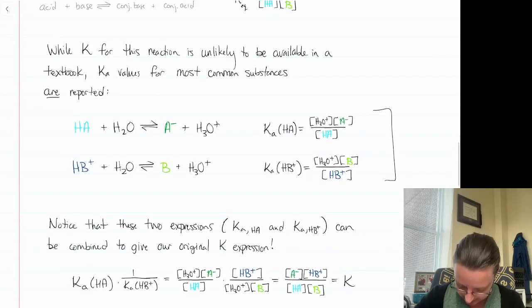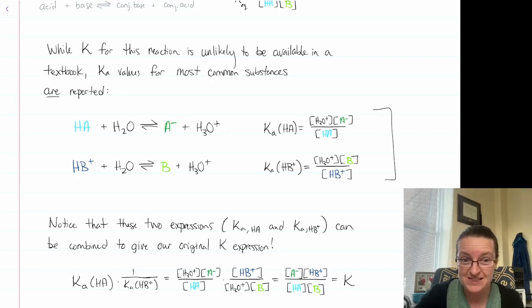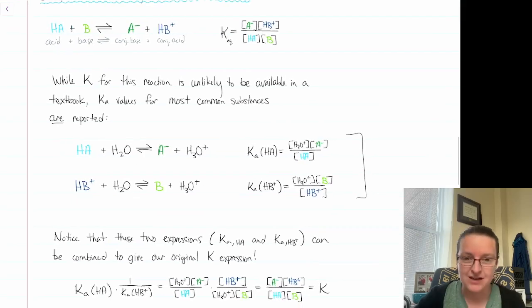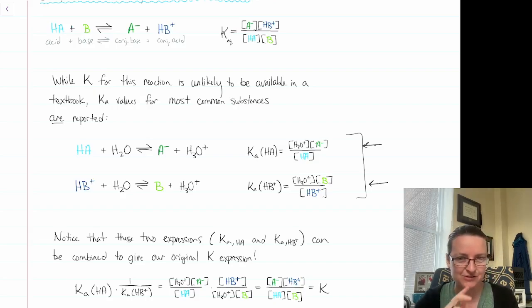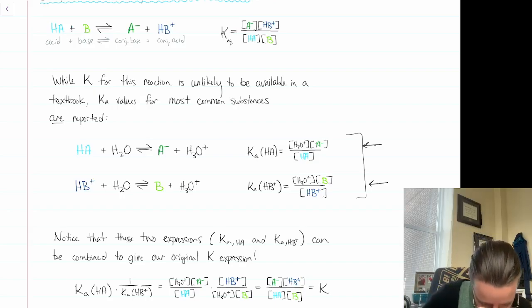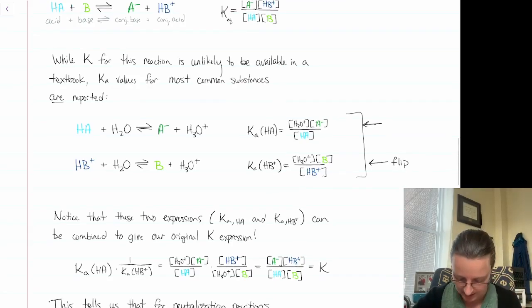And mathematically, what we can notice is that they're basically the same. The only thing that I need to do in order to get these H3O+ to cancel and make sure that the HB+ shows up in the numerator is I just need to take my Ka value for the first reaction and then also multiply it by the Ka for the second reaction. But before I do that, you'll notice in order for the H3O+ to cancel and for the numerator and the denominator to look correct, I probably need to flip or take the reciprocal of this reaction.